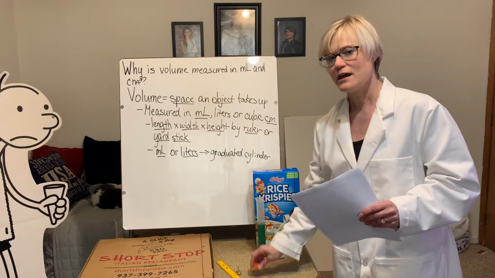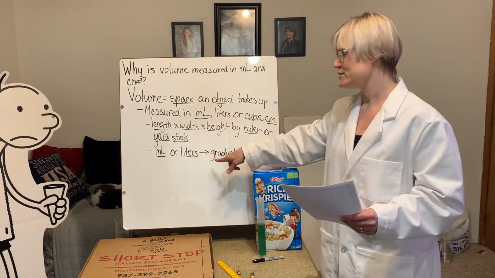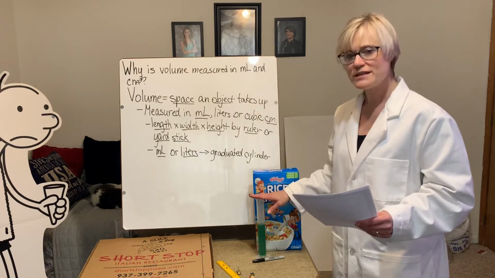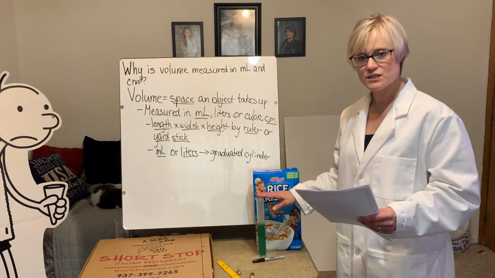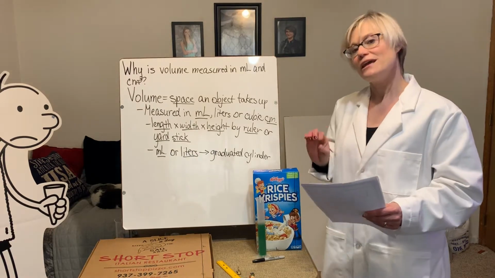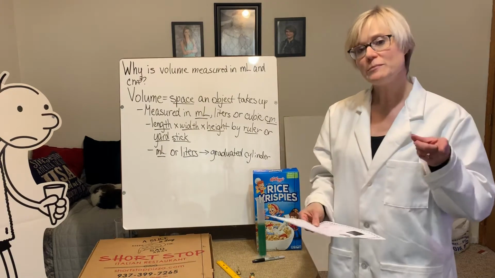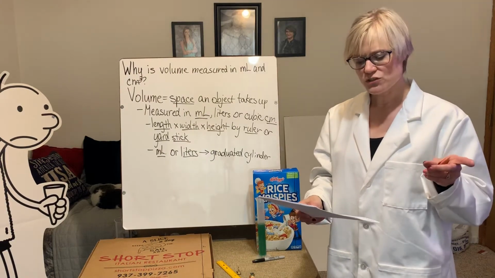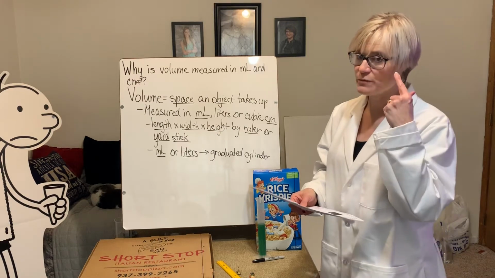But the irregularly shaped objects would be measured in milliliters or liters, and we would use a graduated cylinder to determine how much water it displaces. Now, if you're wondering, because inquiring minds always want to know, 1 milliliter is equivalent to 1 cubic centimeter. Just store that in your memory bank.